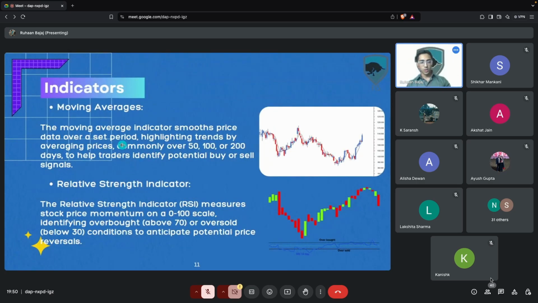Now, the next thing is the relative strength indicator, one of my favorites. Whenever a stock price is moving upwards or downwards, it's just because of the strength of the buyers or the sellers. The relative strength index gives you an idea of the strength of the buyers and sellers and their trend.